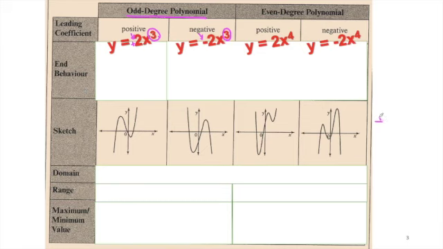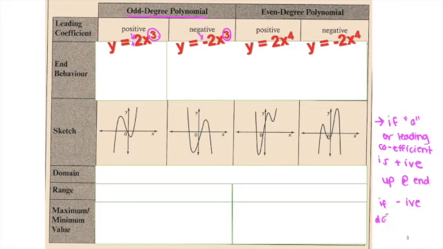But the best way to remember this is if a, or your leading coefficient, is positive, then you're going to go up at the end. Your graph is going to go up at the end. If negative, you're going to go down at the end. And I'll show you that in these graphs, okay?